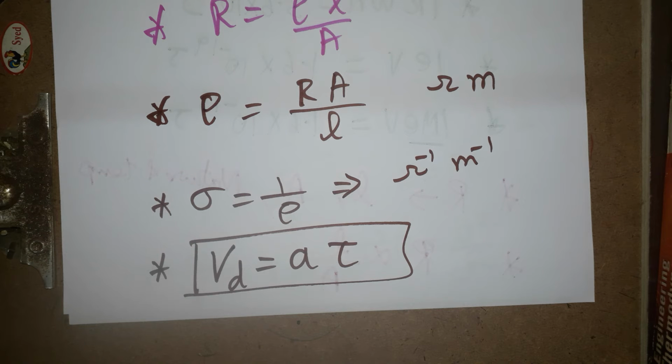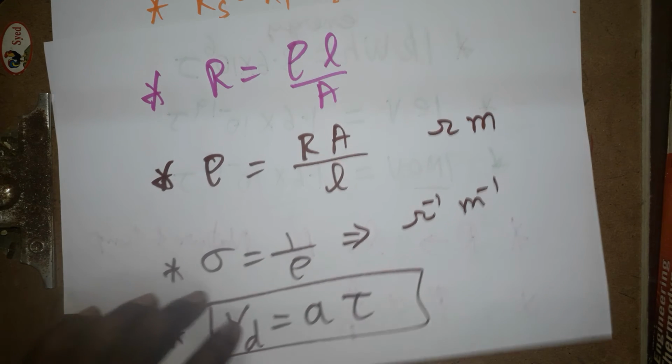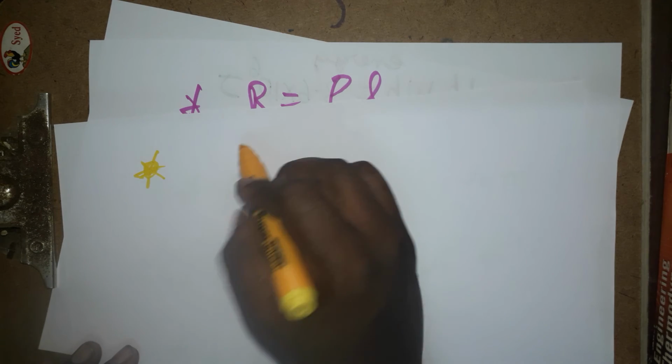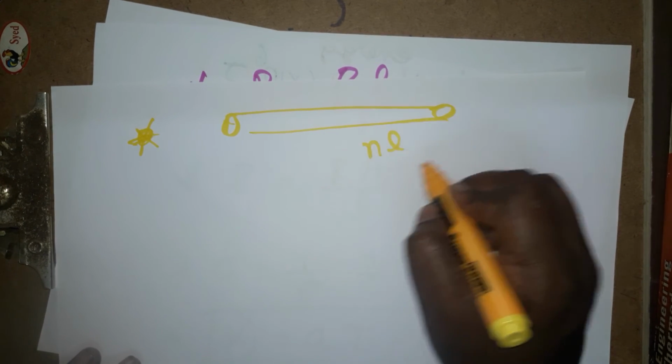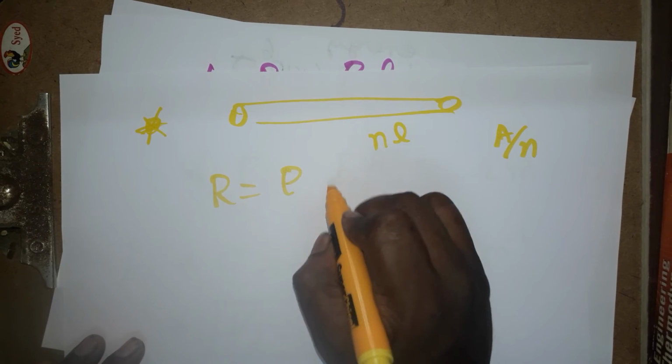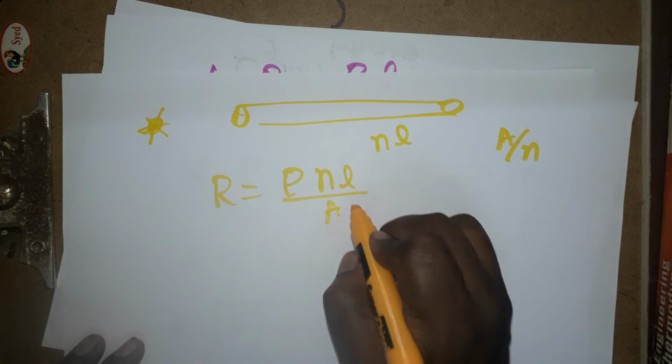Okay, the next one: when the wire is stretched n times, length is going to increase n times and area is going to decrease n times. R is equal to rho times nL divided by A divided by n.